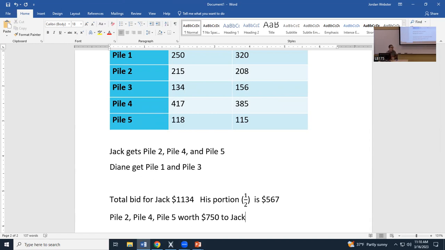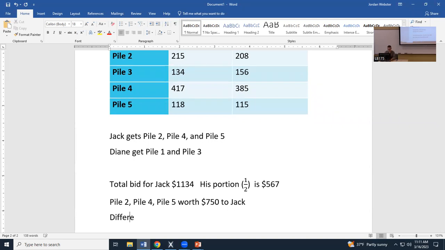So what's Jack need to do? Well, we need to look at the difference between what Jack got, which is the $750 worth of stuff in the piles, compared to his portion, which is 567. So it's $183.